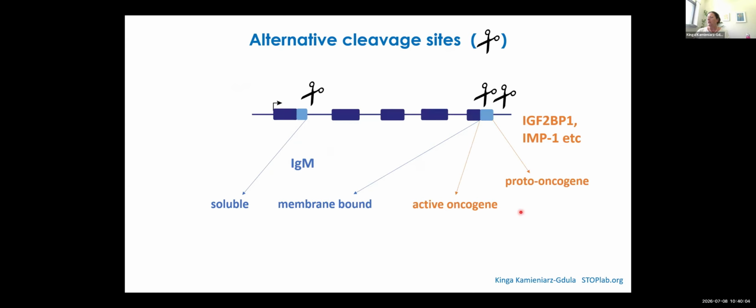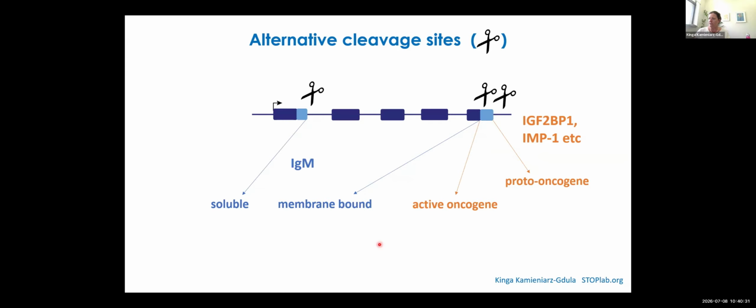For example, certain genes that have proto-oncogene characteristics might become more highly expressed and become an active oncogene if a different, usually proximal polyadenylation site is used.